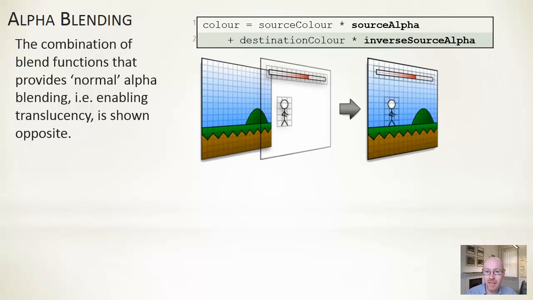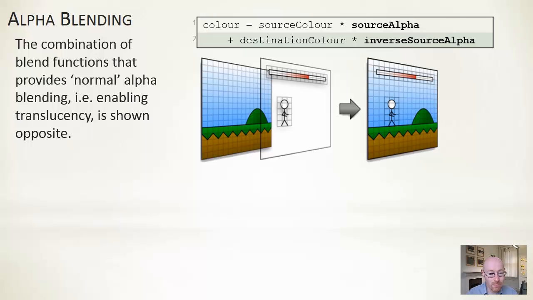And on the top, towards the right hand side, you see the particular formula or blend that provides normal traditional alpha blending, where the destination color, each of the channels, is equal to the source color times the source alpha plus the destination color times the inverse source alpha.